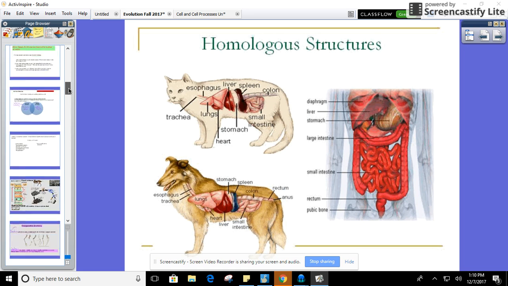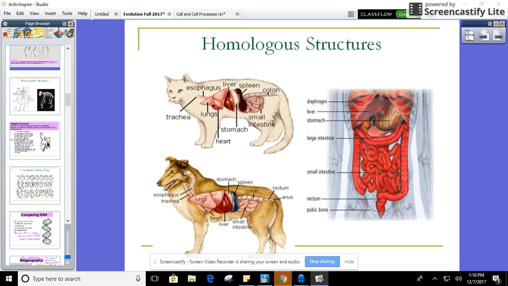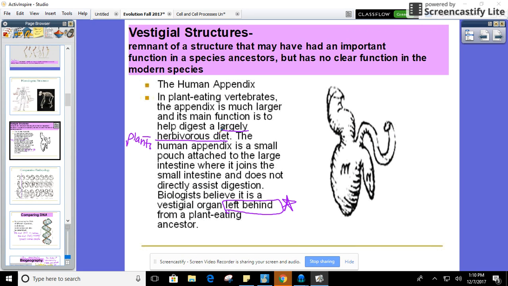The next type of evidence we want to talk about is vestigial structures. They're remnant structures, things that may have had a purpose at one point in the ancestors, but have no clear function in modern species. I went over a few examples, and the first one is the appendix.